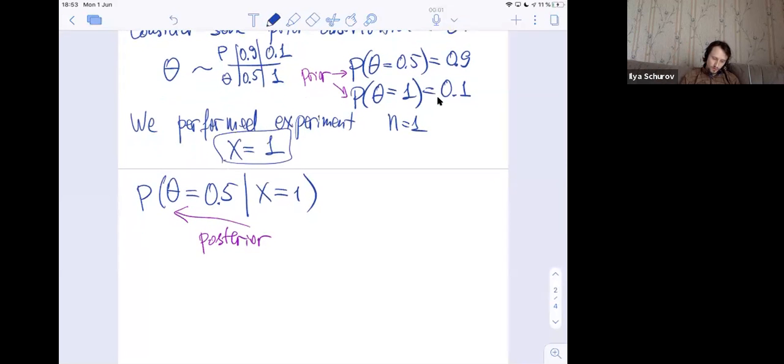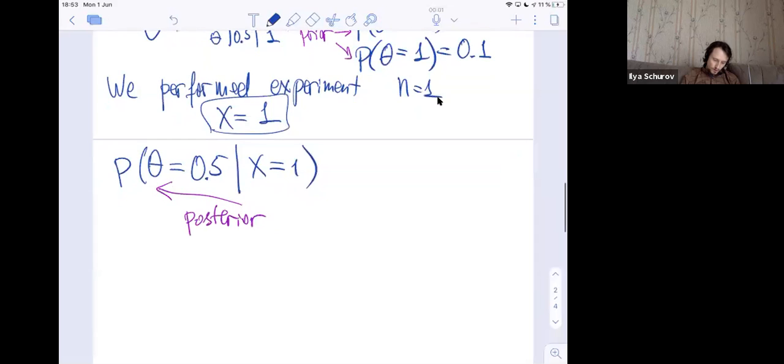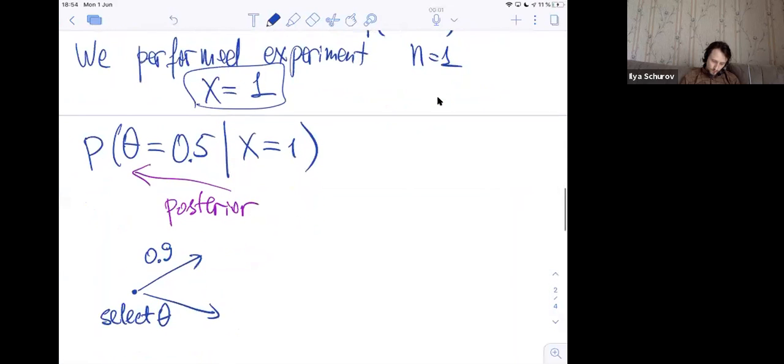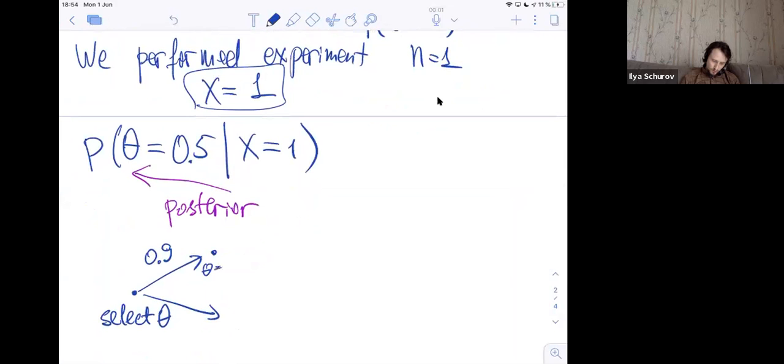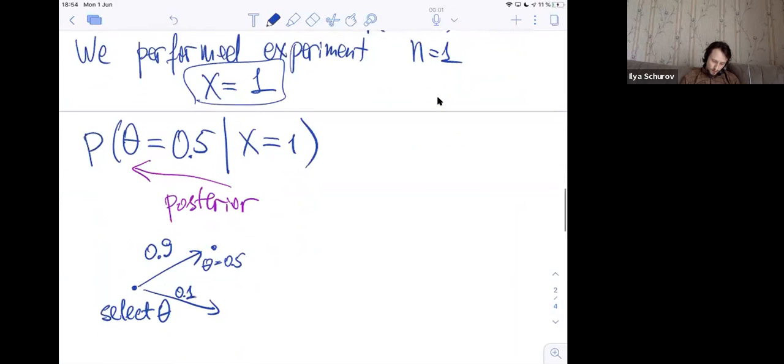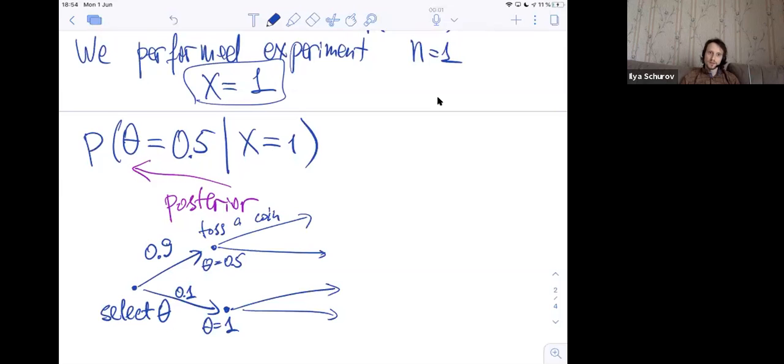So let me draw the following scheme. First, I select theta. And this can be either, with probability 0.9, theta equals 0.5, and with probability 0.1, theta equals 1. Then I toss a coin. I have the second step.